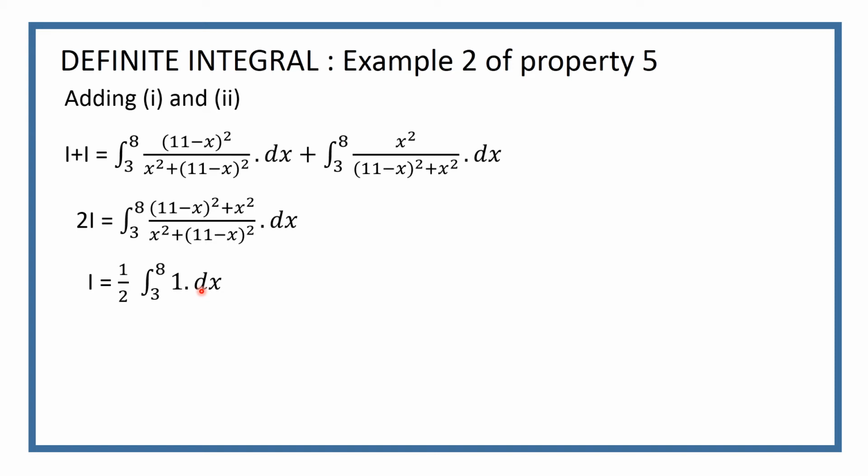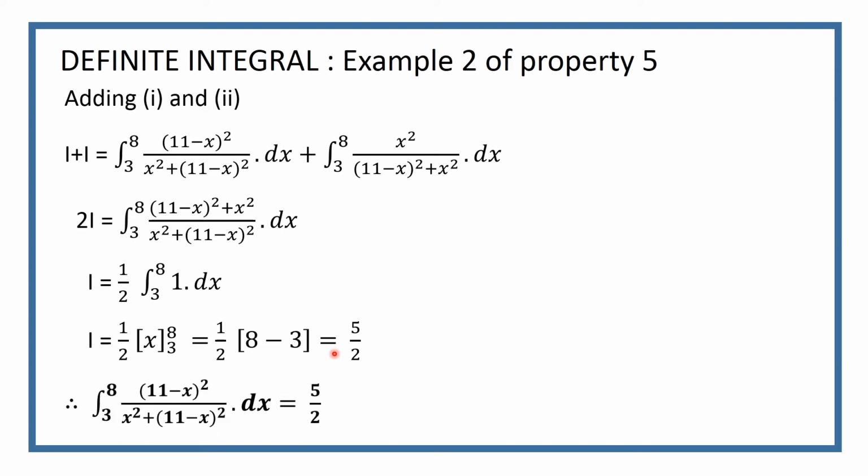We know the integration of dx is x, so we write I equals half x from 3 to 8, that is half into 8 minus 3, which equals 5 by 2. So we have to mention the last step. Therefore, integration 3 to 8 (11 minus x) whole square upon x square plus (11 minus x) whole square dx will be 5 by 2.